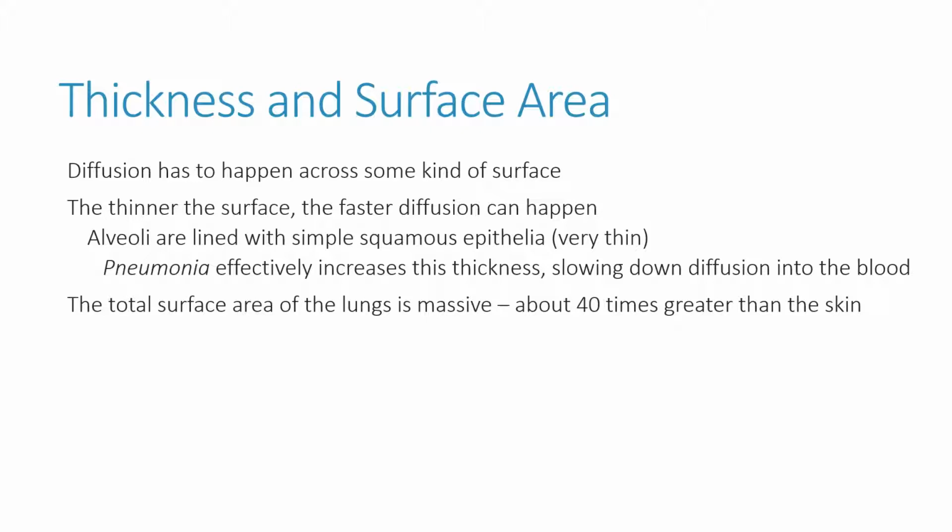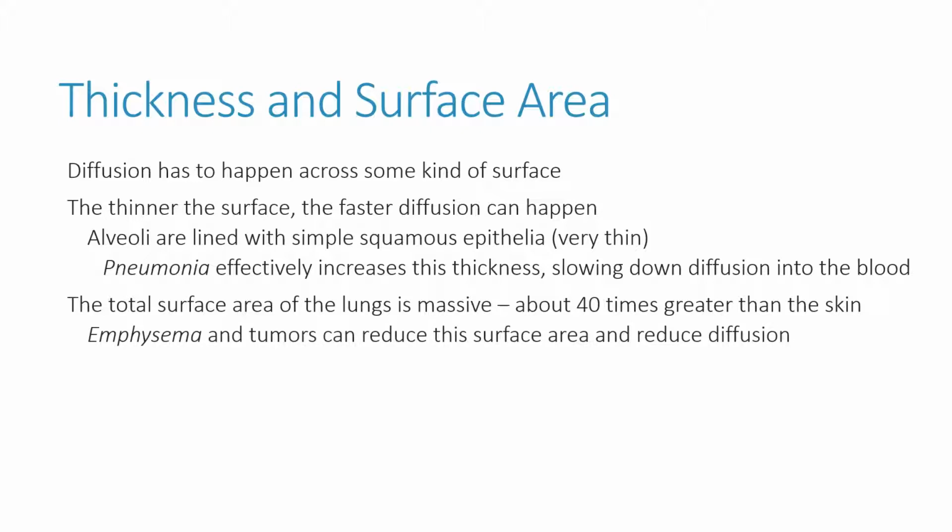We can't breathe through our skin the way frogs and salamanders do because we simply don't have enough surface area to allow for the efficient exchange of oxygen and carbon dioxide. Conditions like emphysema or tumors in the respiratory system can reduce this surface area and thereby reduce diffusion of oxygen into the body and carbon dioxide out of the body.